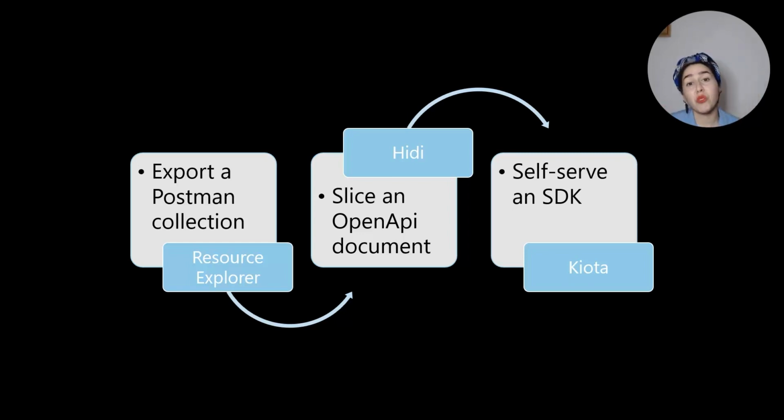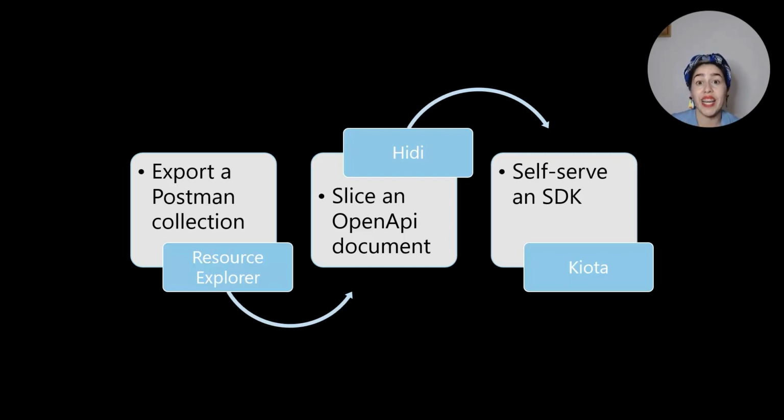Again, if I rely on the Microsoft Graph OpenAPI document, that's too big and has everything on it. I don't need everything. So I'm going to use another tool called HIDI, also a new addition to the family of tools.